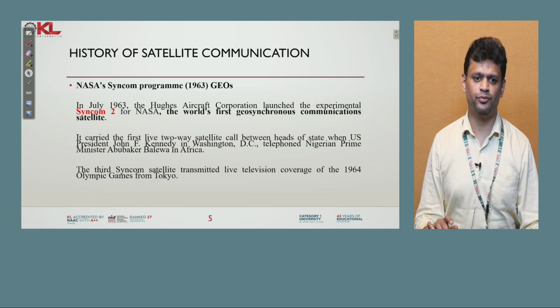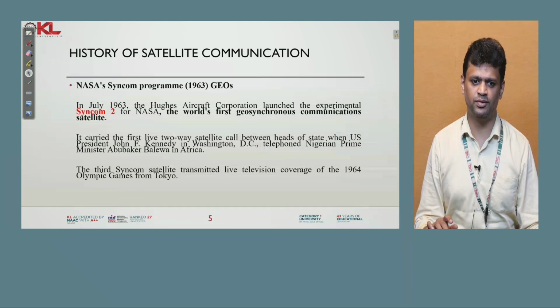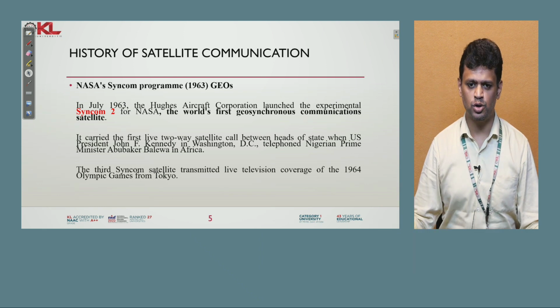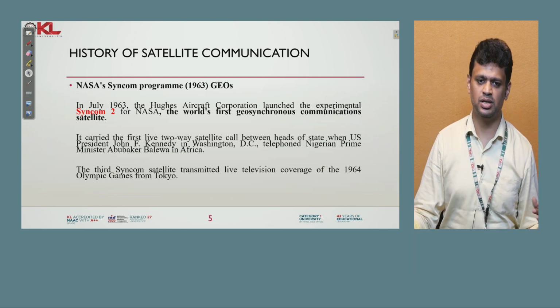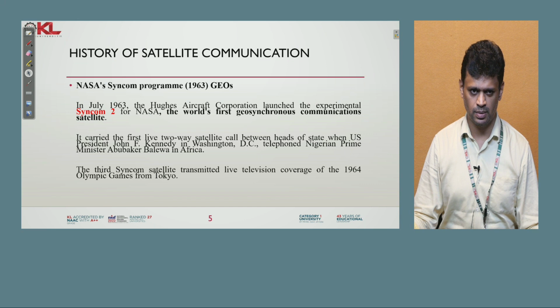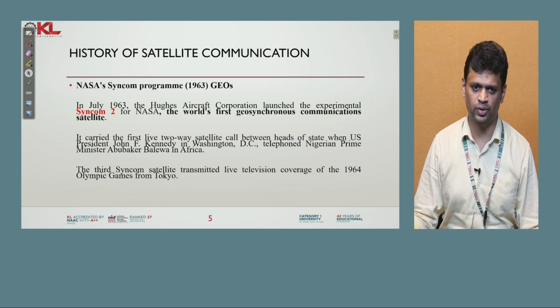It carried for the first time a two-way call between heads of state, when USA President John F. Kennedy in Washington DC telephoned Nigerian Prime Minister Abubakar Balewa in Africa. So when it was launched, a voice transmission took place for the first time through NASA's SYNCOM program.